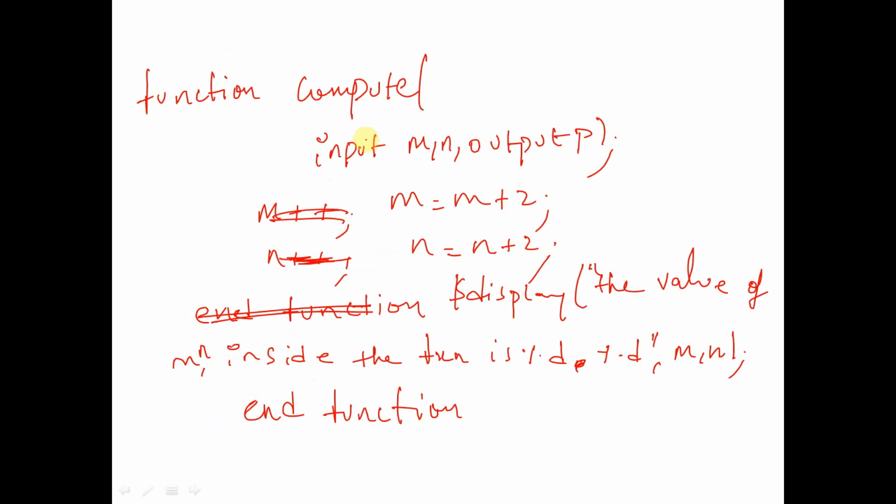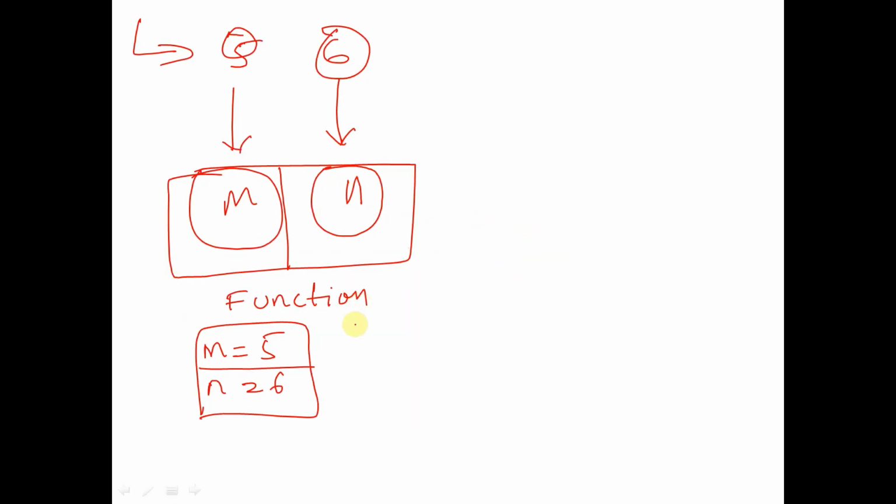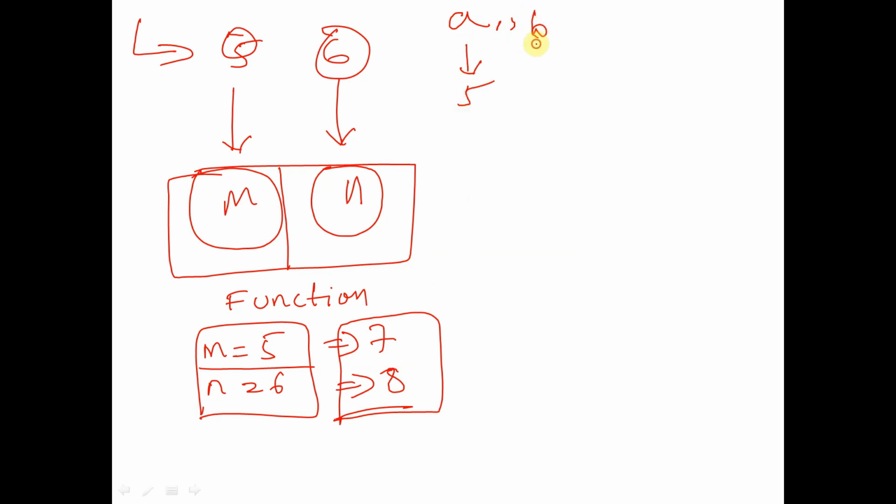And what I am doing inside the function, I am incrementing m by 2 and n by 2. So here it will be equal to 7, and this will be equal to 6 plus 2, which is equal to 8. So the value of m is equal to 7 and the value of n is equal to 8, and outside, the value of a is equal to 5 and b is equal to 6.